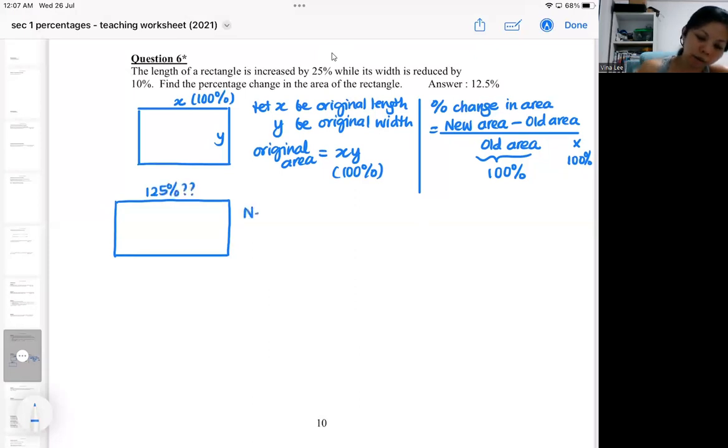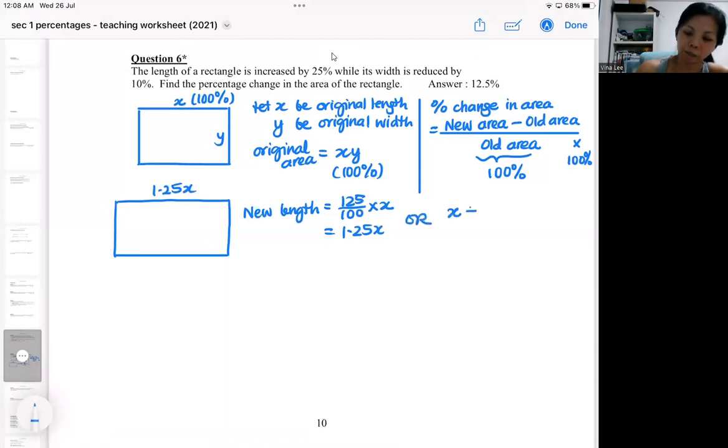You can calculate the new length by doing percentage algebra: 125% over 100 times X. You punch your calculator, and that will be 1.25x. So I will get 1.25x for the new length. Or some of you might do x plus 25% of x, and you will also get 1.25x. It's up to you which one you want to do.